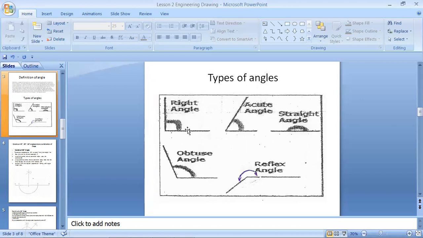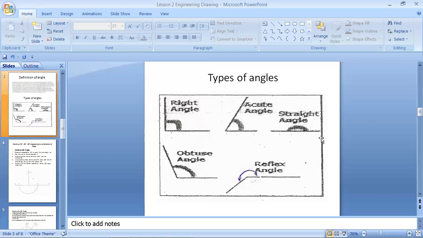Depending on its size, we classify angles into right angle, acute angle, straight angle, obtuse angle, and reflex angle. When it's 90, we call it a right angle. When it's more than 0 and less than 90, we call it an acute angle.